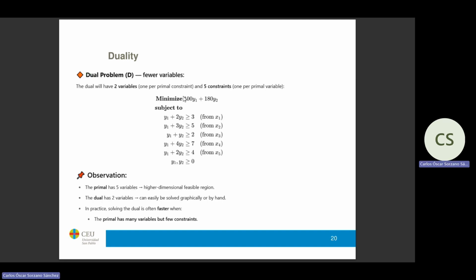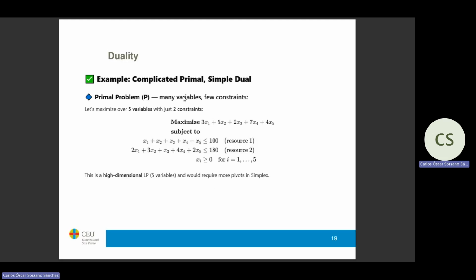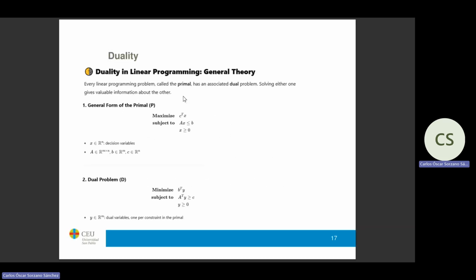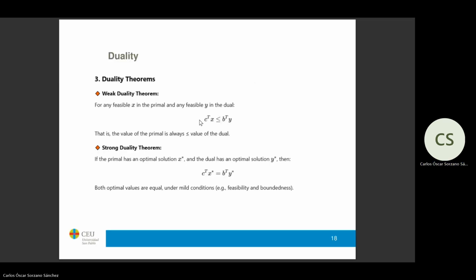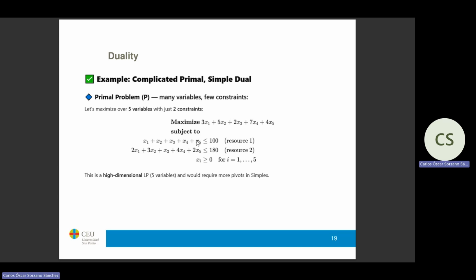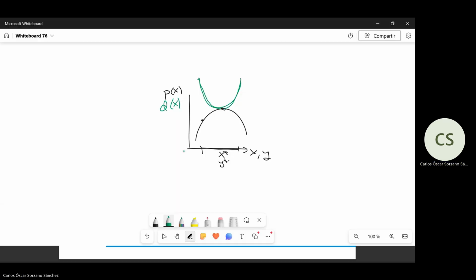So let's look at how it was before. It was A transpose. Let's write A for this one.